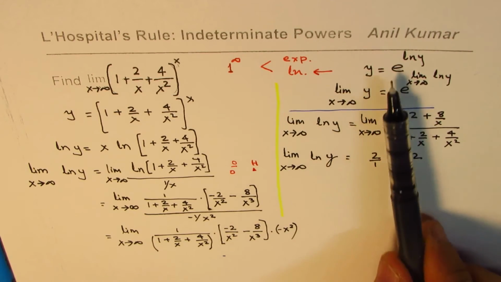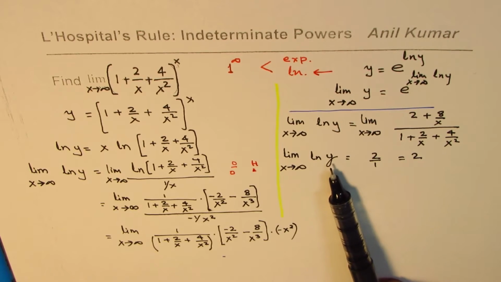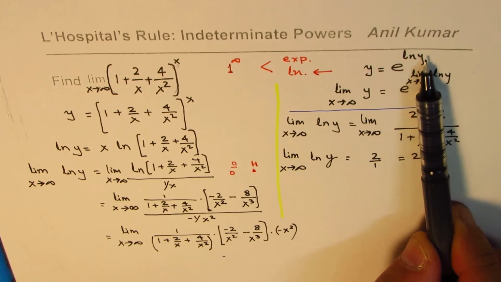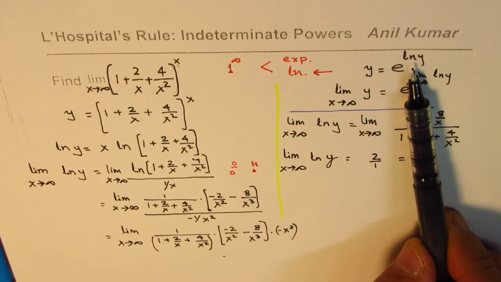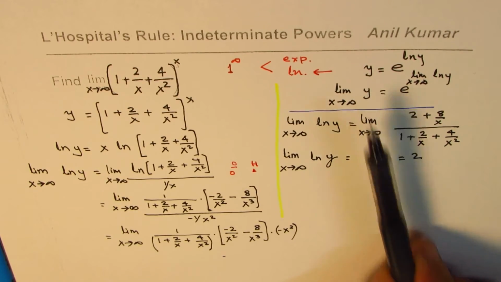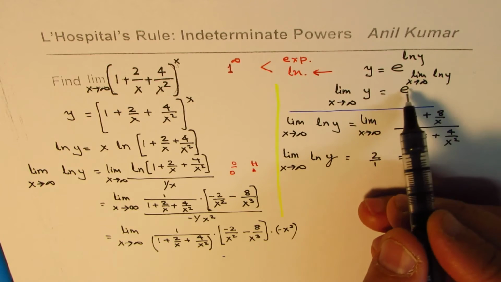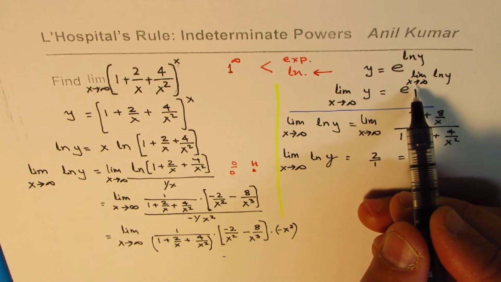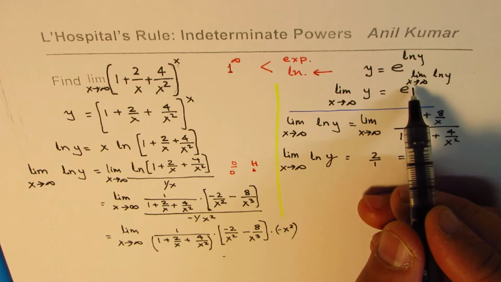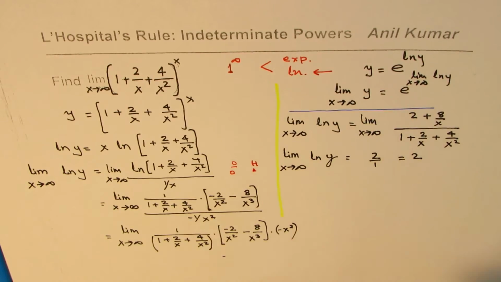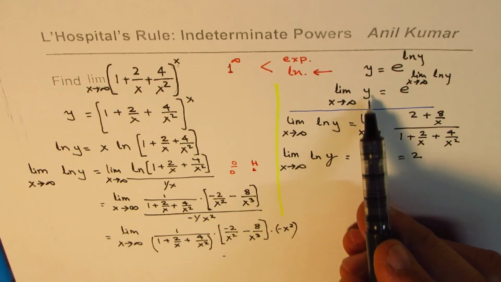Now as you understand, we could write y as e to the power of ln y. That is how we can write. And if we take the limit as x approaches infinity, it will be e to the power of the limit as x approaches infinity of ln y. So y is this function.